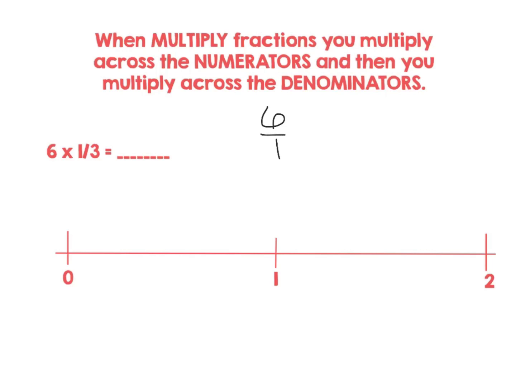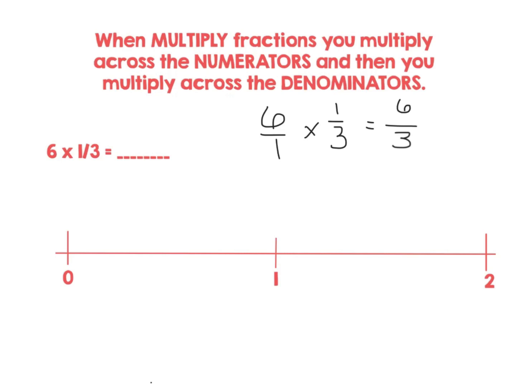I put 6 over 1 and it's just 6. So 6 over 1 times 1/3 equals something. When I multiply fractions, I just multiply across. So 6 times 1 is 6. And 1 times 3 equals 3.